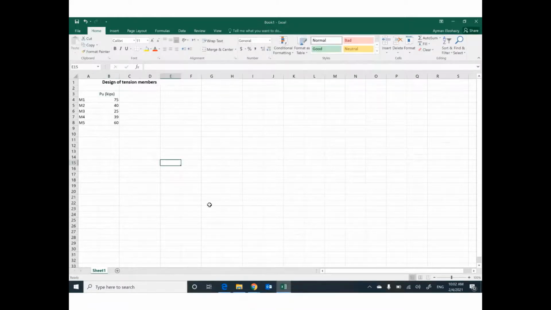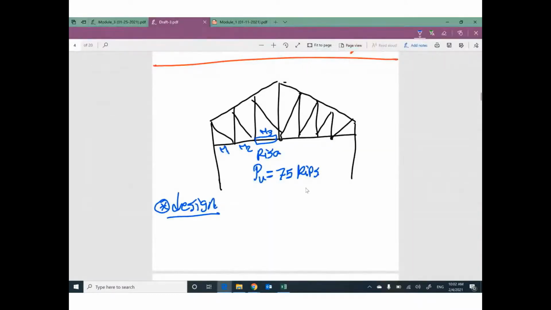Guys, can you tell me what was the first step? Do you remember in our design, what was the first step? I decided, because these members are bottom chord, I will decide to use double angle.